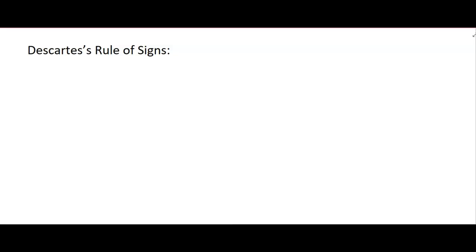Okay, so we usually look for how many real zeros there are. So say you have a function. I'll just make a simple one here. That's a 3x there. Okay, so say that's your function.